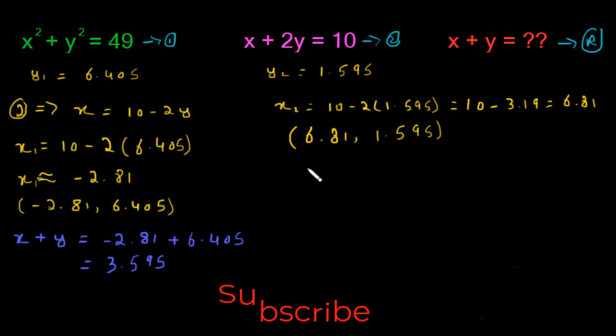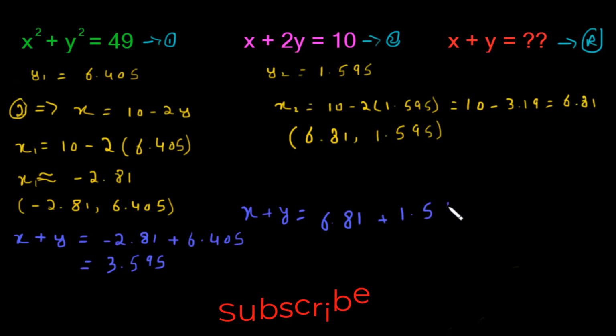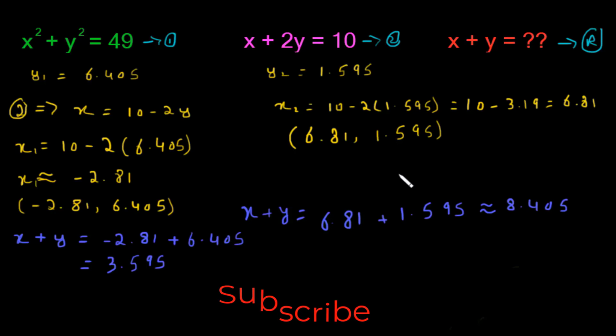For this other pair we will have 6.81 plus 1.595, and here it will get us approximately 8.405. So the possible values of x plus y are 3.595 or 8.405. Alright, so this is the required result. Thank you.